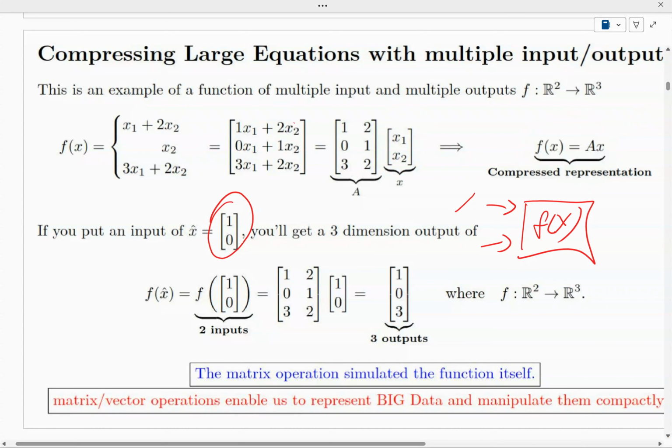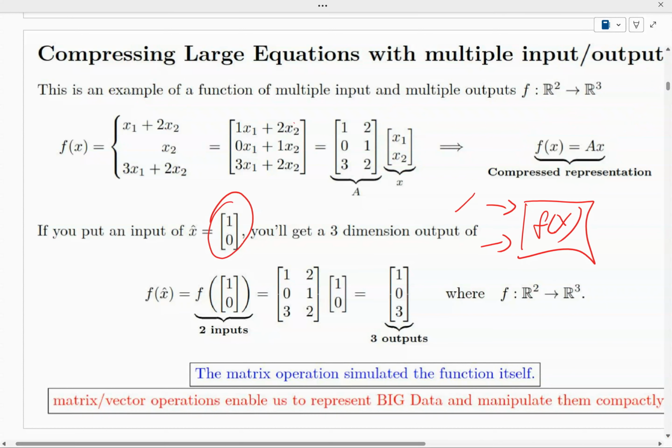Okay. So the key takeaway here is that the matrix operation, this multiplication or dot product, simulates the function. Right? It's basically acting as you putting some input and getting some output out. It's a much easier way than solving each equation individually.